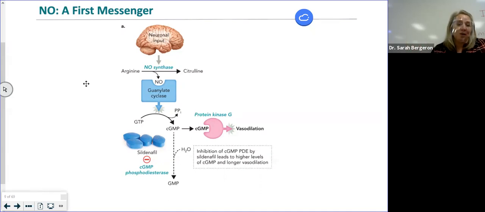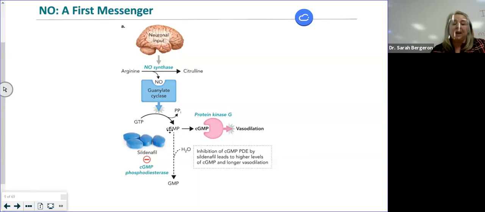So it's really important. In this pathway, you have this enzyme called nitrous oxide synthase. It will actually deaminate arginine to get to citrulline, and it will produce nitrous oxide. That will activate what's called guanylyl cyclase. What guanylyl cyclase will do is turn GTP into cyclic GMP.